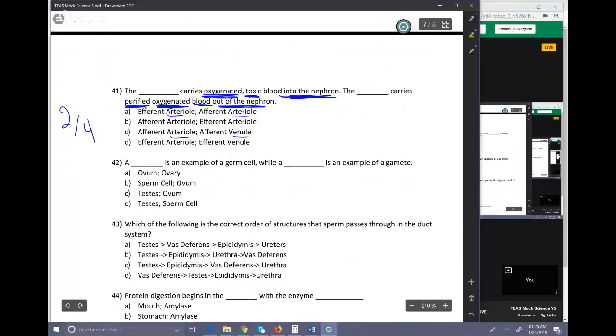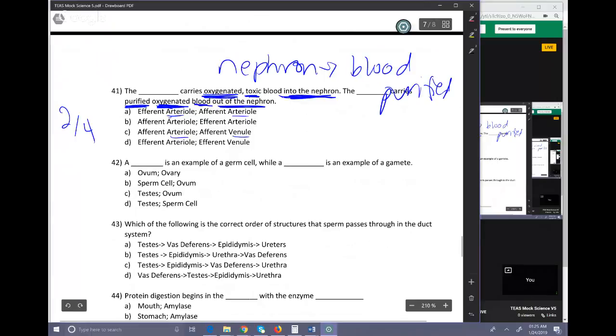So we have a lot going on. The nephron is where blood would get purified. And you notice one of these blanks says toxic blood, another says purified. So somewhere in the midst of this, the blood got purified, probably because we went into the nephron and out of the nephron. So that changed.